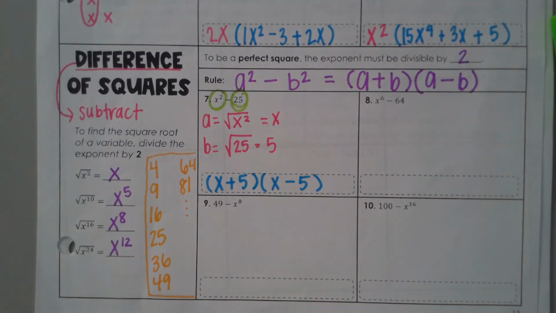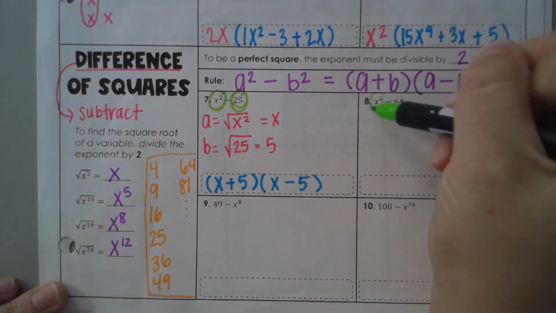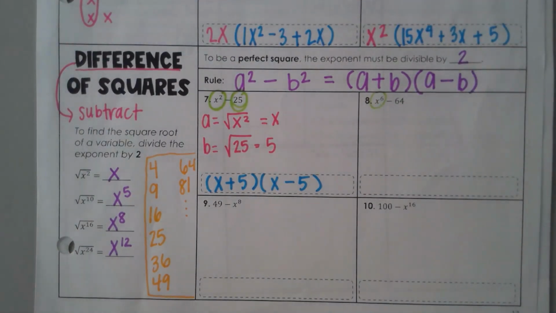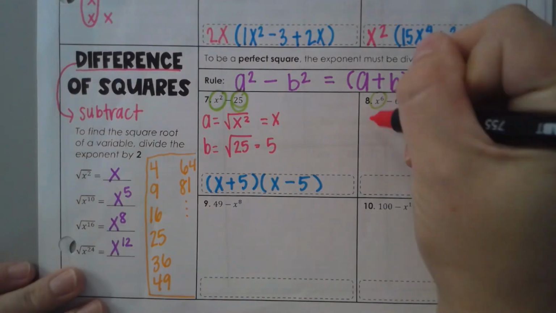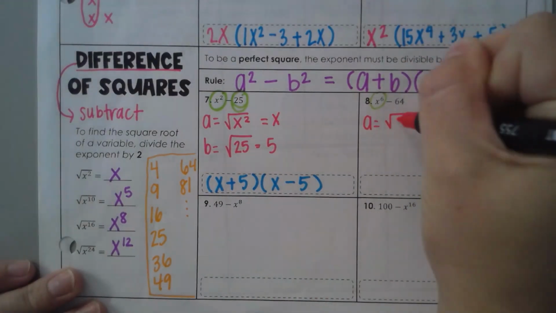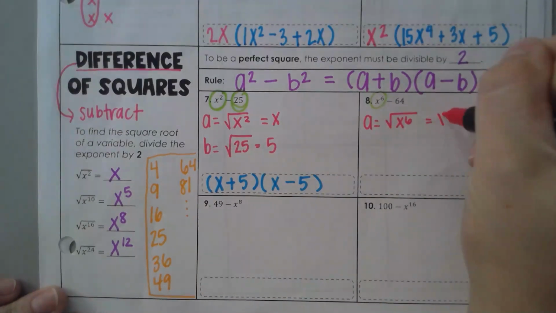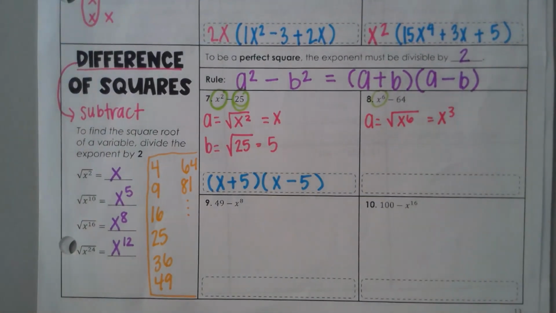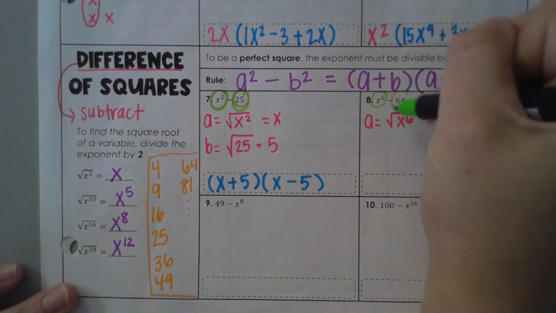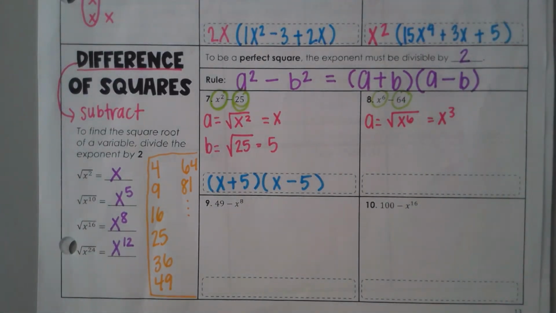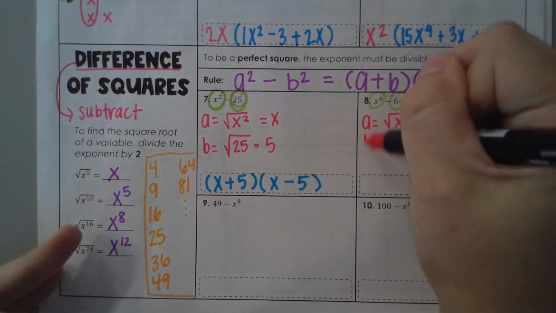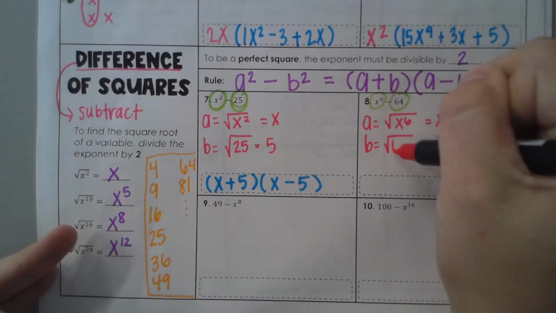So number 8, for my a, I'm going to take the square root of x to the 6th. It's what? X to the 3rd. Good. For my b, I'm going to take the square root of 64, which is what? 8.